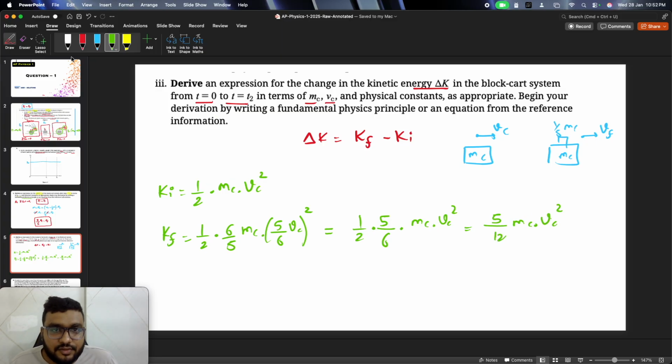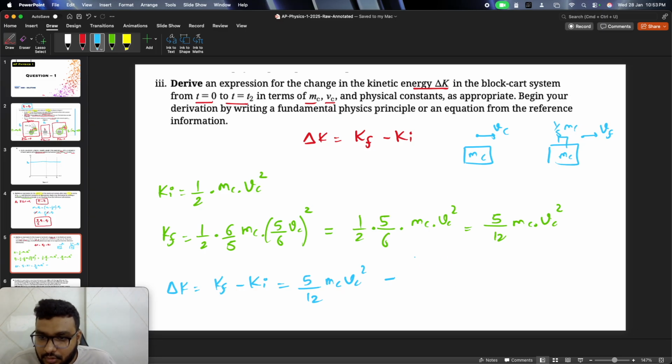Okay, now once we have all of this, we can put it in the first equation, K final minus K initial. So delta K is equal to K final minus K initial. I have K final as 5/12 mc vc squared minus 1/2 mc vc squared.